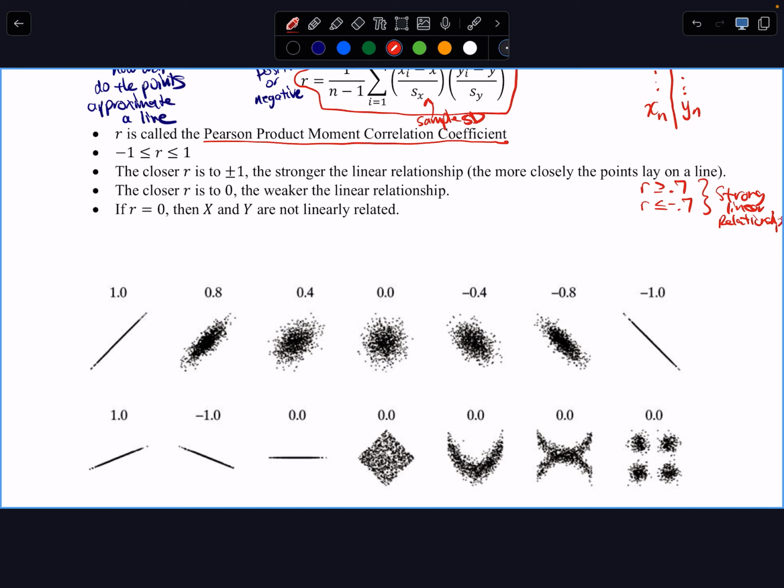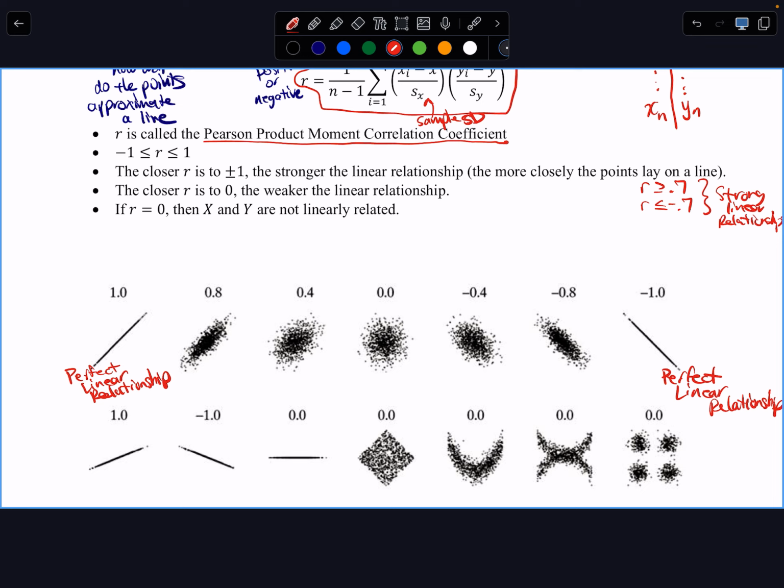So this is a perfect linear relationship. And this one is perfect. If you notice, when I decrease my correlation coefficient, I'm going to have more scatter away from the line, right?